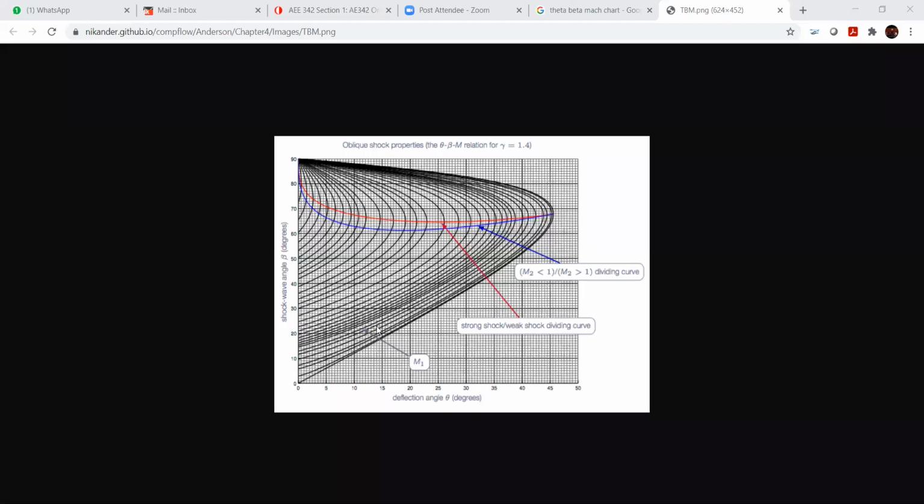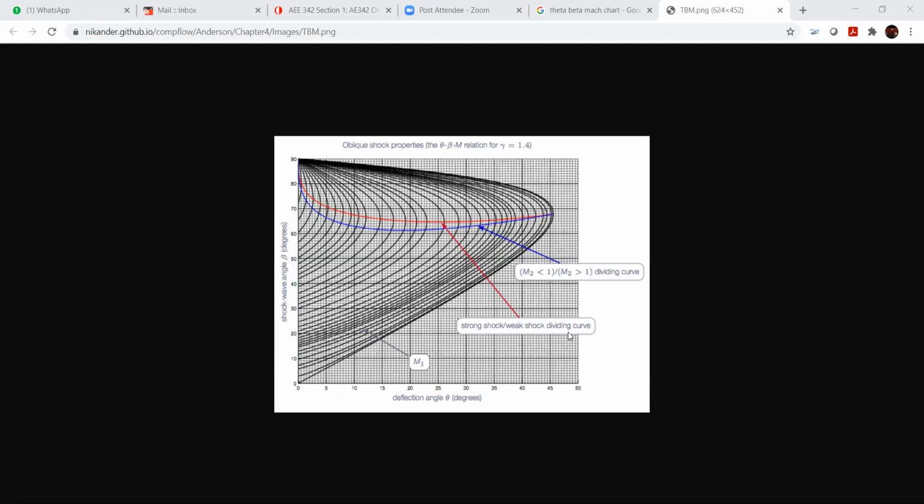So for the same theta angle, we have two solutions for beta. One, a lower beta angle somewhere in this range, and a higher beta angle somewhere in this range. The solution at higher beta angles is called a strong shock solution, and the one down here is called a weak shock solution.